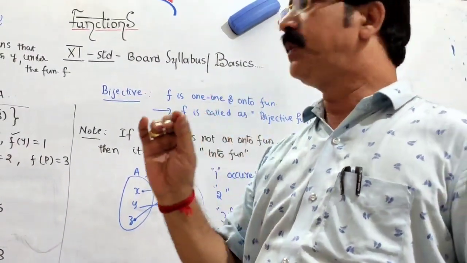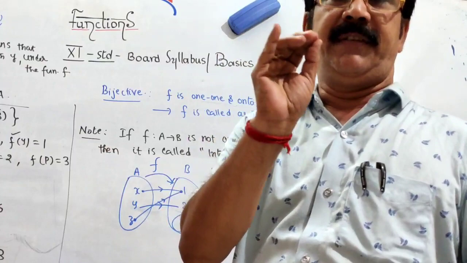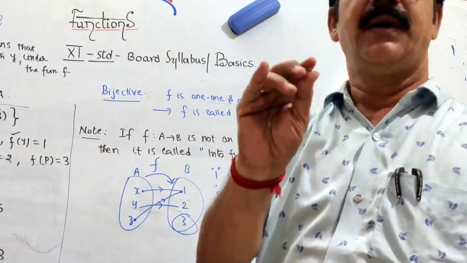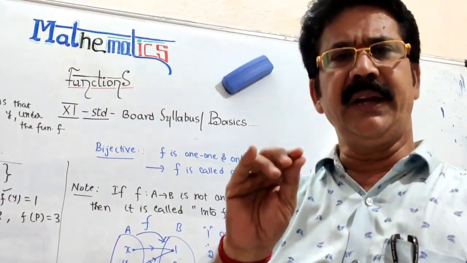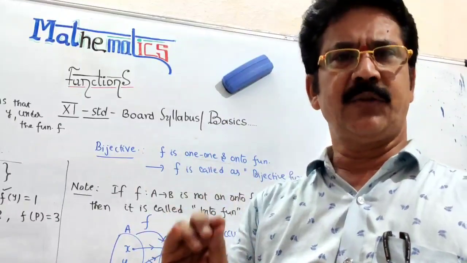So once again, one simple definition: bijective means if f is one-one function and onto function, then only it is said to be a bijective function.